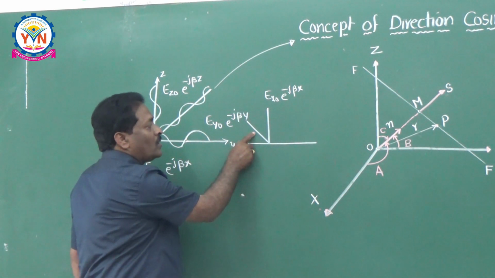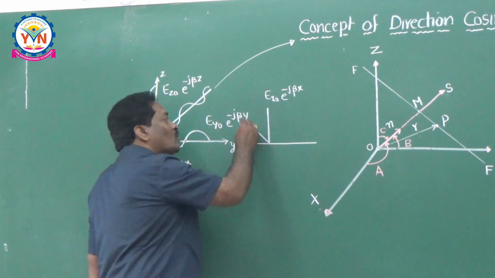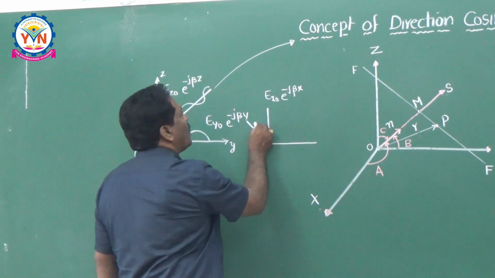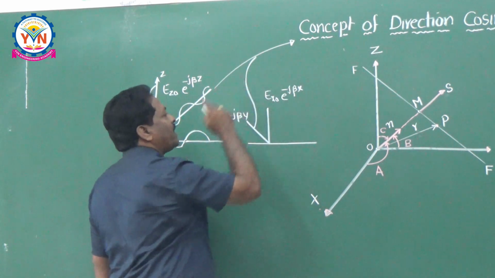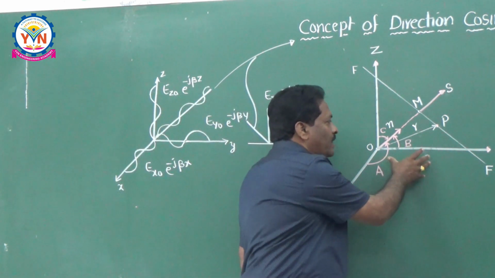It is not the x direction, not the y direction, not the z direction, but an arbitrary direction. So to write this wave equation for this arbitrary direction, definitely you have to use the concept of direction cosines.